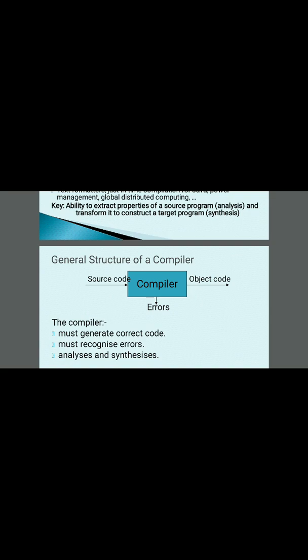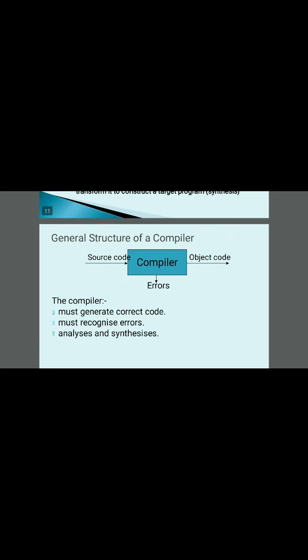This source code can be in any programming language, and it must be converted into object code, which is nothing but your target code. If there are any errors, it has to intimate them in time. So the compiler must generate correct code. It must recognize the errors, and it has to follow the process of analysis and synthesis.